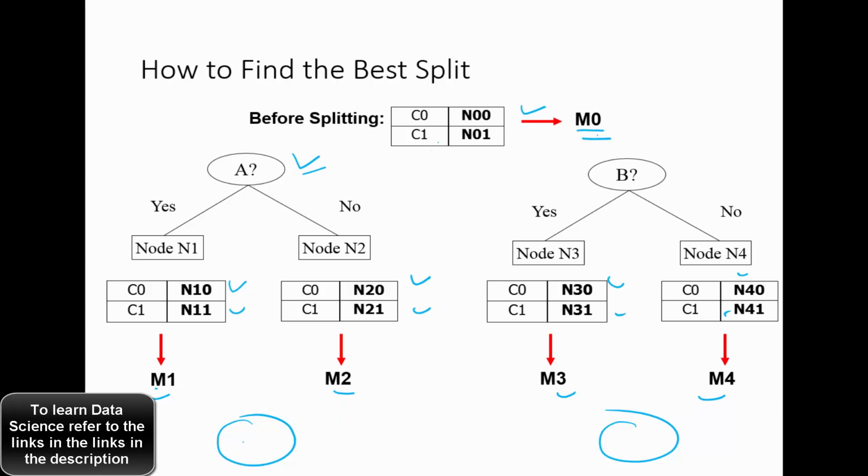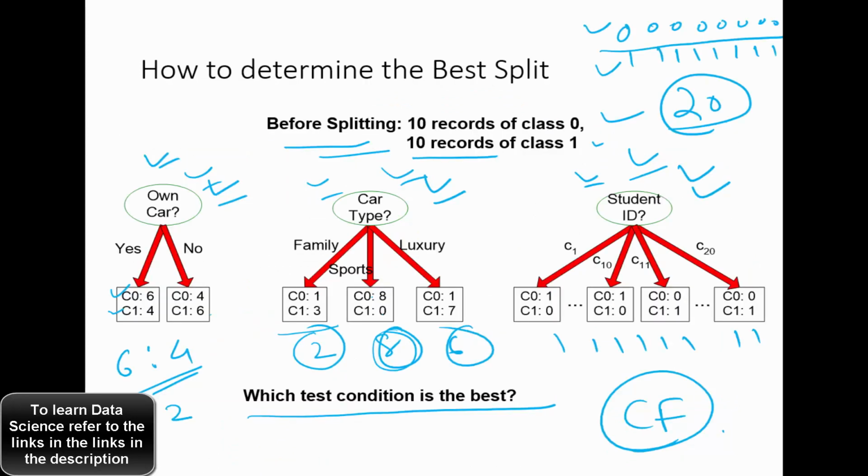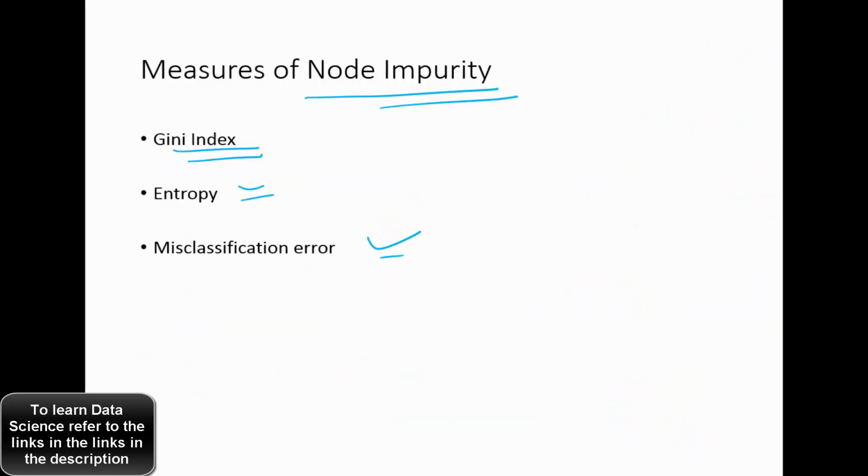If you take the example from a few slides before, it's very evident. What is your M0? 10 records and 10 records, so your M0 is just 1, because they're the same numbers. Here if you calculate, the difference is 2, here is also 2.